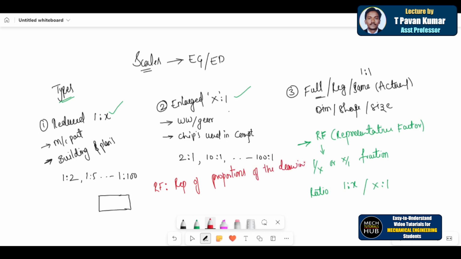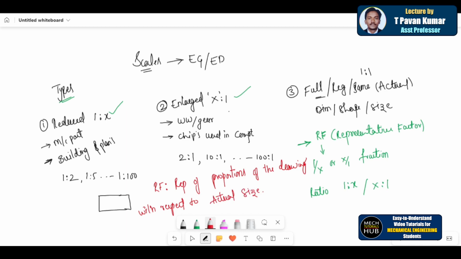Try to understand, RF is a representation of proportions of the drawing with respect to the actual drawings or actual size. I'm going to explain all these individually when I actually go on to constructing the scale.